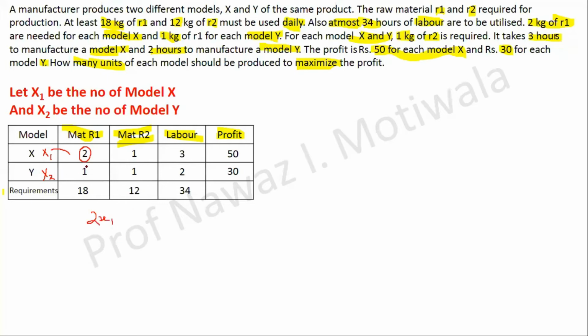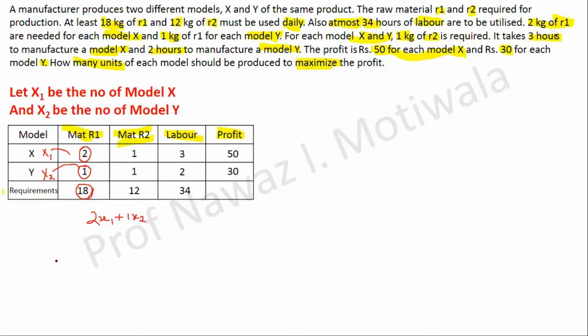Similarly, material R1 is required 1 kg by X2 per model. So if total models are X2, I will get plus 1 X2. If you write only X2 then it is also okay. But the condition given to us is the total requirement should not exceed 18 kg. So I will write here that this should not exceed 18.